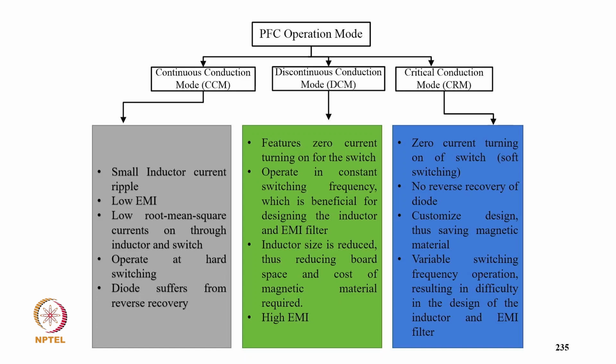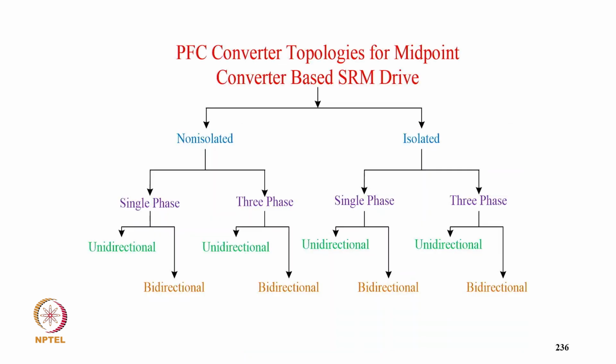And critical conduction mode has zero current turn-on of the switch, soft switching, no reverse recovery of diode, customized design, thus saving magnetic material, but variable switching frequency operation results in difficulty in the design of the inductor and EMI filter. And these are PFC converters for midpoint converter, especially 4-phase, non-isolated with single-phase unidirectional and bidirectional, 3-phase unidirectional and bidirectional, and isolated single-phase unidirectional and bidirectional, and 3-phase unidirectional and bidirectional.